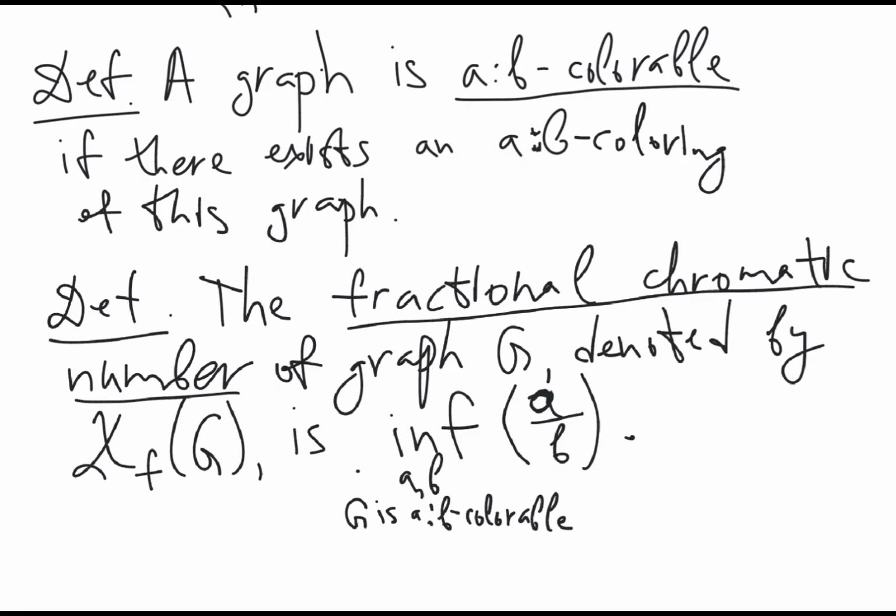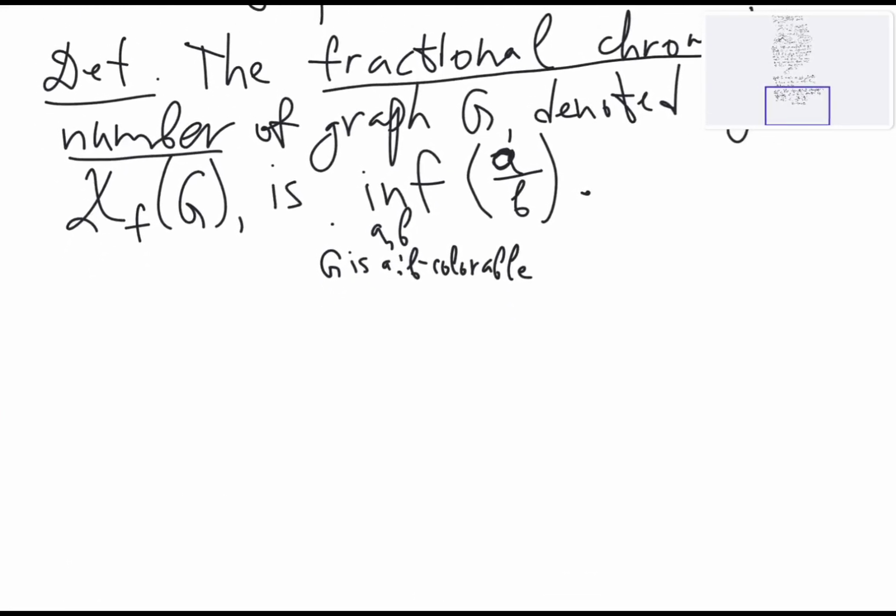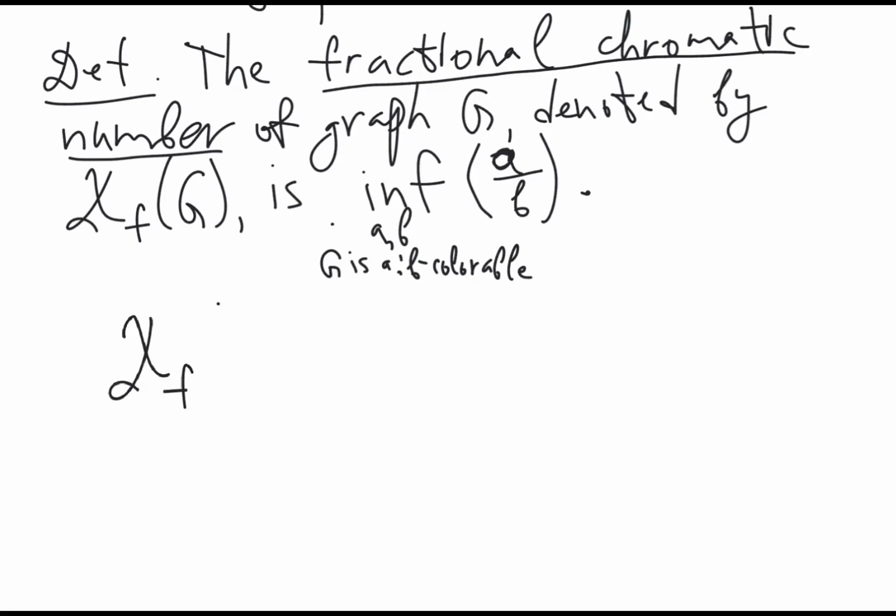So notice that this is not necessarily an integer or a natural number. It can really be a fractional number. It could be 2.5 or whatever. So let's write this.